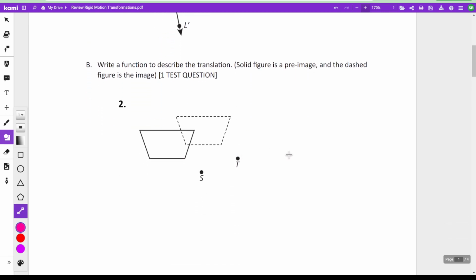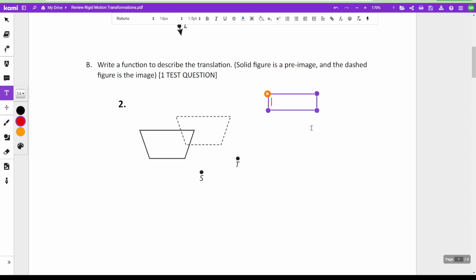Okay, so question 2 asks to write a function to describe the translation. The solid figure is the pre-image, and the dashed figure is the image. Pre means before, so this solid figure comes first, and this dashed figure comes second. And so when we write the translation function, we're going to do capital T for translate.